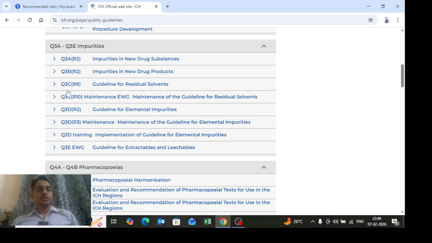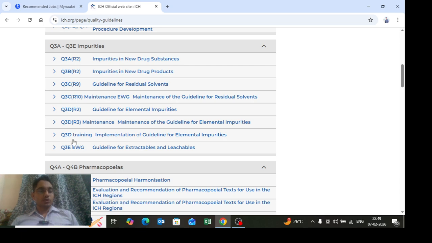Then ICH Q3C, the guideline for residual solvents. Then ICH Q3C R10, maintenance EWG, maintenance of the guidance for residual solvents. Then ICH Q3D, guideline for elemental impurities. ICH Q3D R3, maintenance of the guideline for elemental impurities.